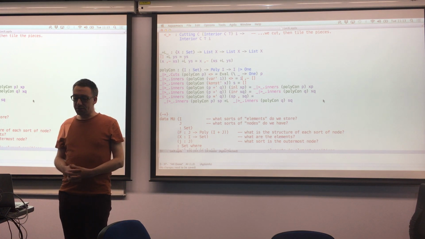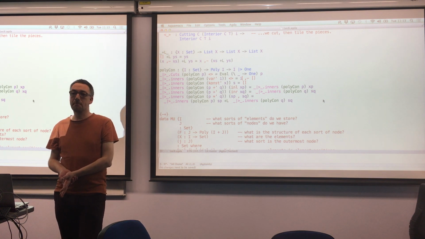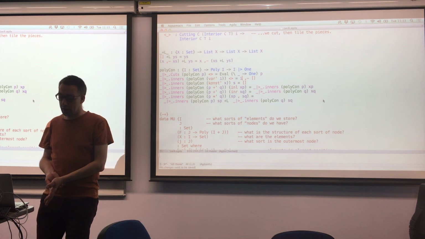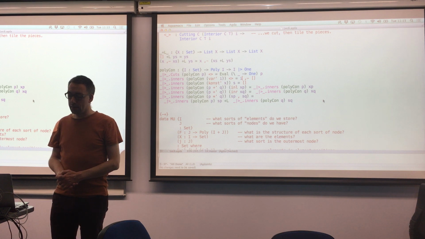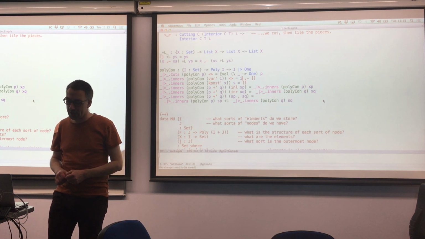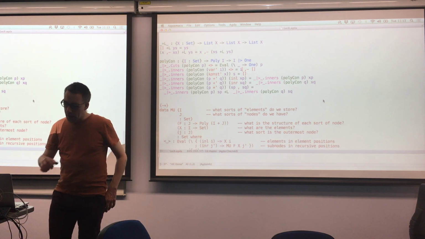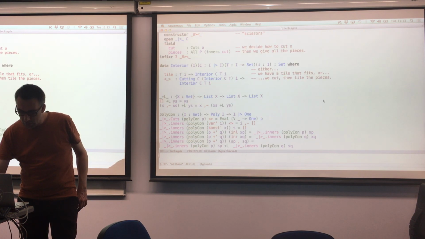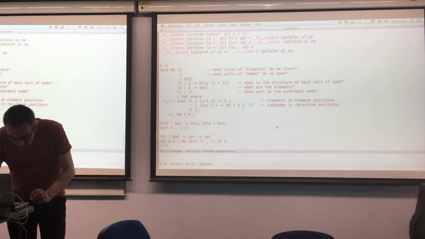We've seen containers, and we've seen polynomials, and we've seen just now that the polynomials give rise to containers, that the containers are a particularly normalized form of polynomial.